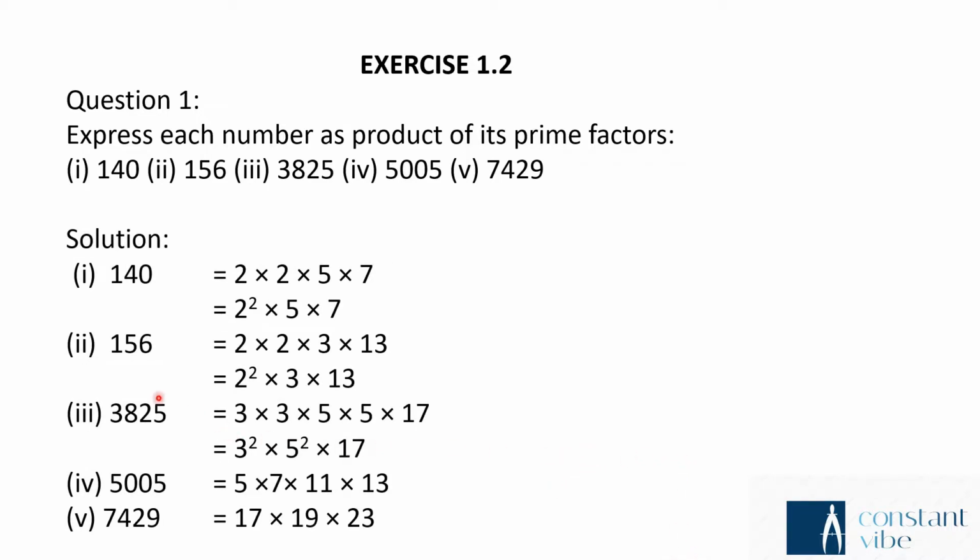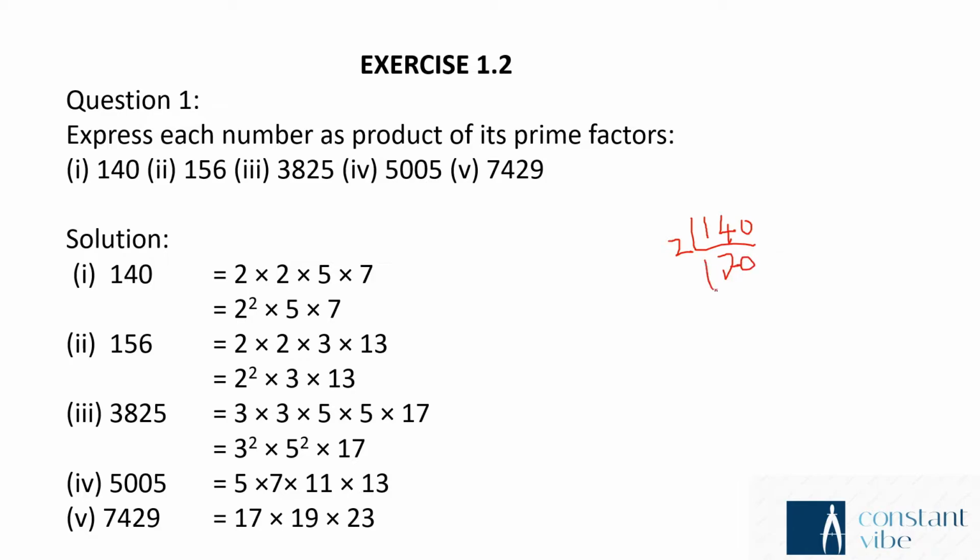All these 5 questions are marked here as one. Here the first question is 140 and its factors are mentioned here. I think all of you know what a prime number and a composite number are and how to factorize. Suppose we are factorizing 140. If you divide by 2, we get 70.